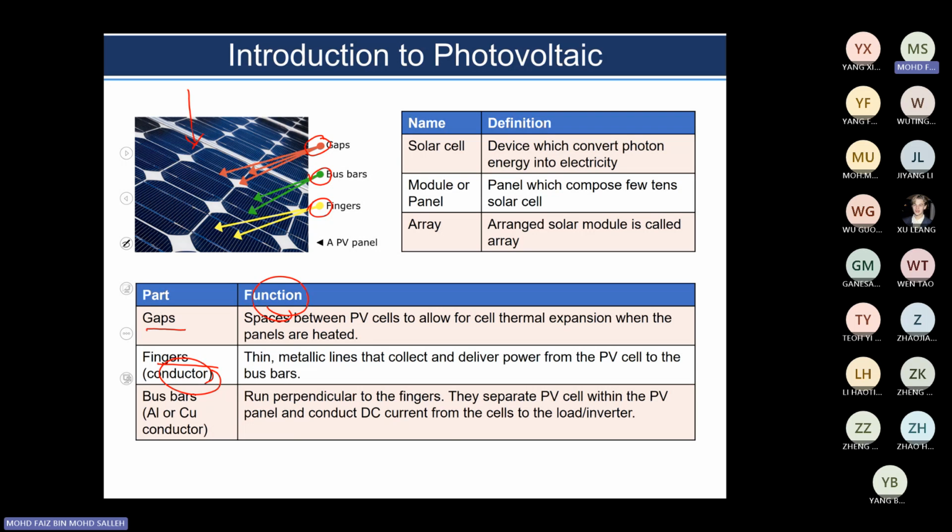That's why we use conductors to collect the power. Here we also use conductor metal to connect all the solar cells together within the PV panel. You can see the terms solar cell, module or panel, and array. Today we will discuss the cell, the heart of the system that converts photon energy into electrical energy.